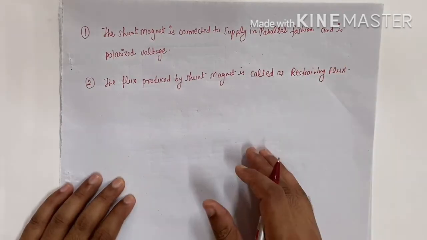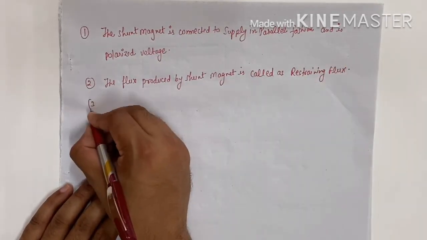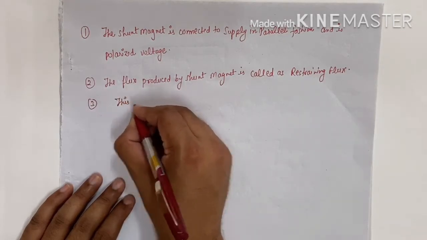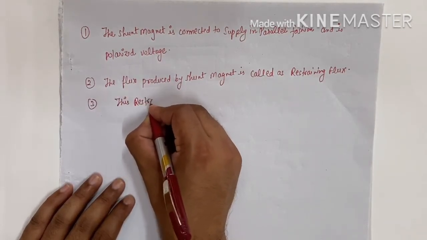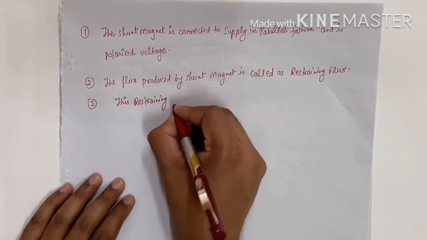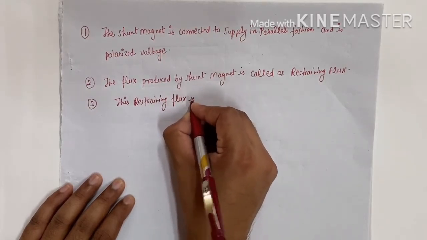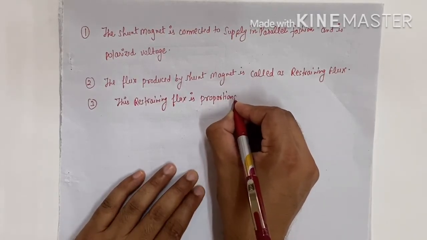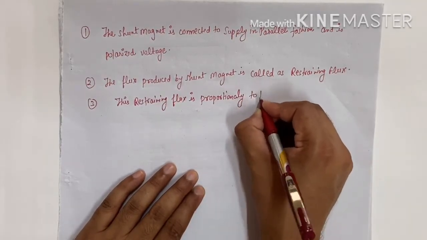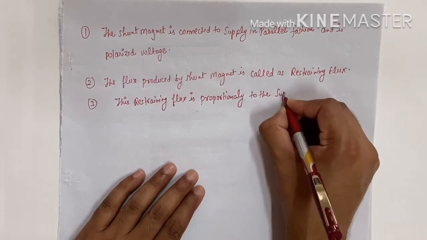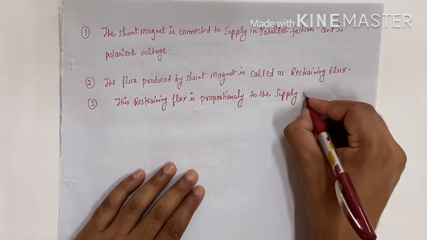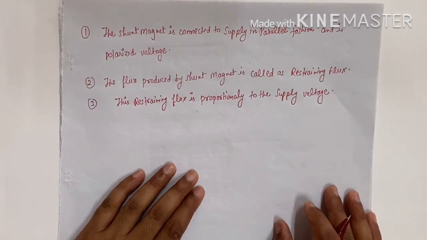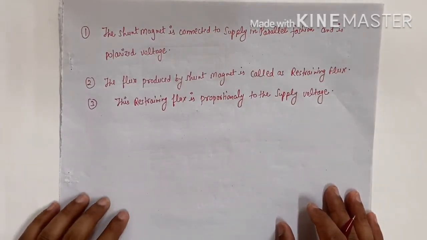This restraining flux is proportional to the supply voltage.